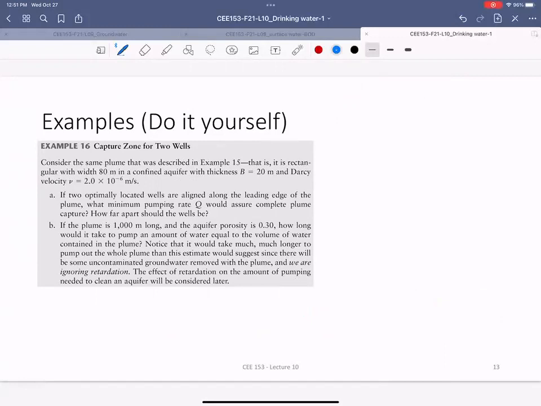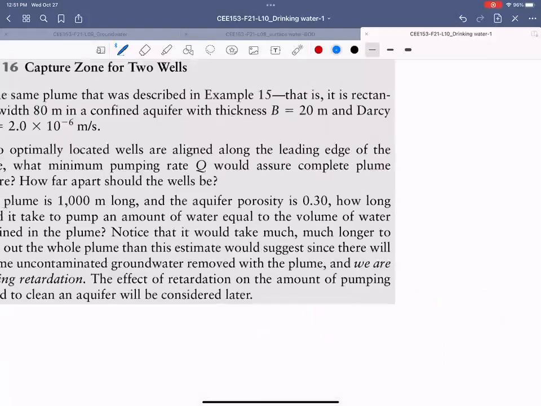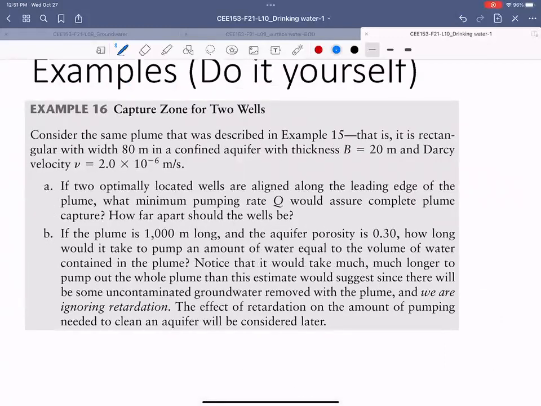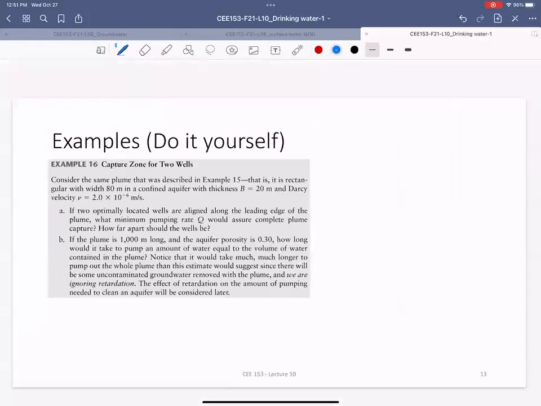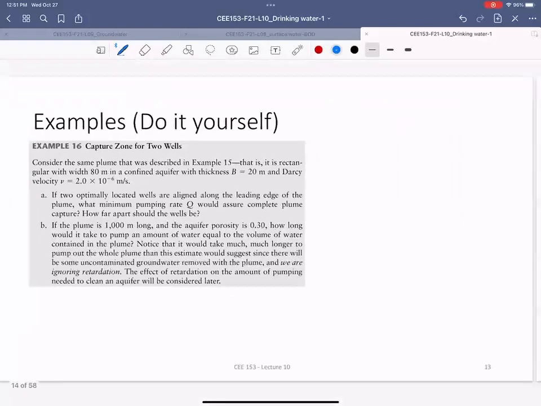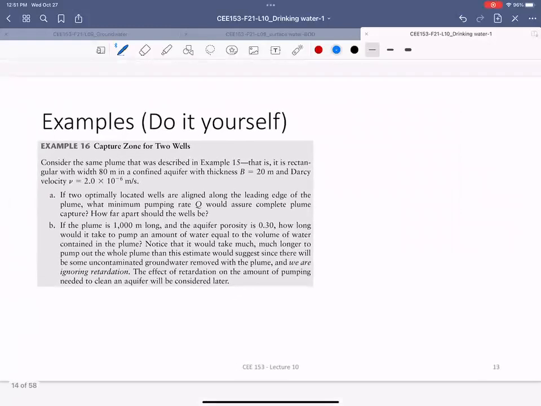So if you're not sure how to solve this question, just check this one before you do the homework questions. Homework question is exactly like this. There is no difference. So if you know how to solve the example questions, you should be able to solve the homework questions. Okay.